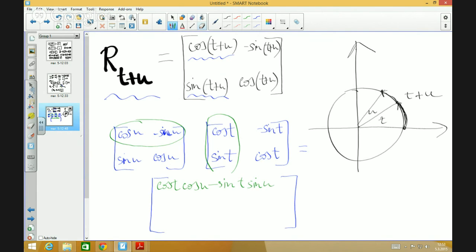That's the first component of this matrix. Because I multiply, it becomes cosine of t. This gets multiplied by that. This gets multiplied by that. And the two get summed together.